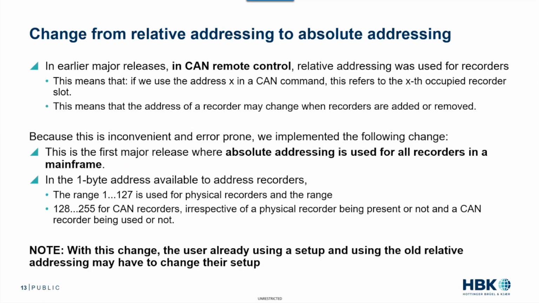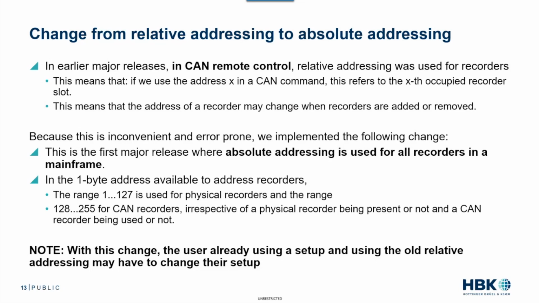So the addressing was based on the fact that there were 3 recorder modules in the mainframe, and then I had my CAN bus. What that meant by using that relative addressing was that if another module was added to the mainframe, so they expand their system, they need to do more power measurements, or if a module was removed from the mainframe, that then changed the CAN bus addressing for those recorded CAN channels. And that could be a hassle and also inconvenient for the user.